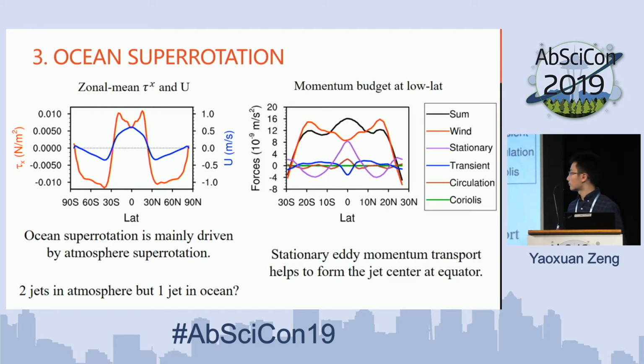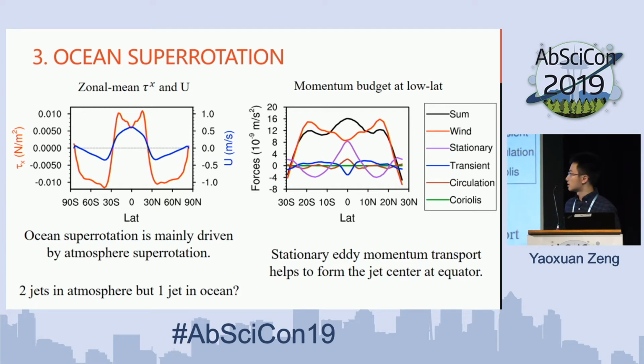As a result, we can find that although the wind stress is not very strong at the equator, the stationary eddy, the purple line, is very strong at the equator, and it can compensate for the wind stress. And we can see that the sum of them reaches the maximum at the equator. So the stationary eddy transport is very important because it changes the atmosphere's two jets into the only one jet at the equator of the ocean.